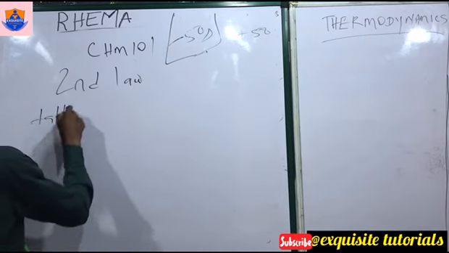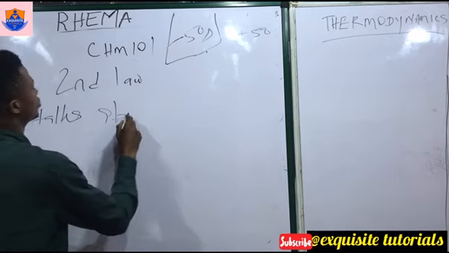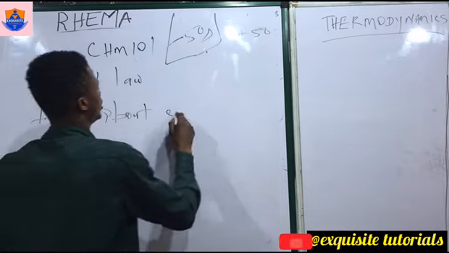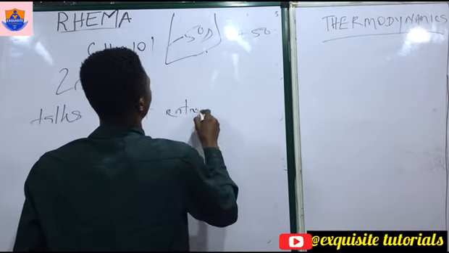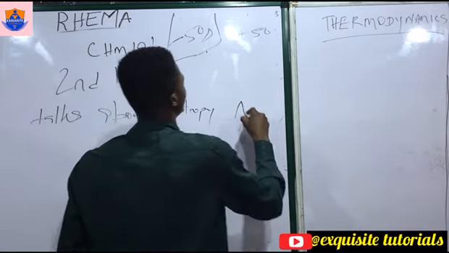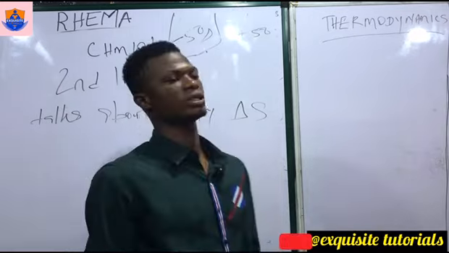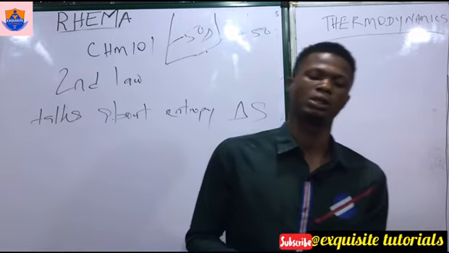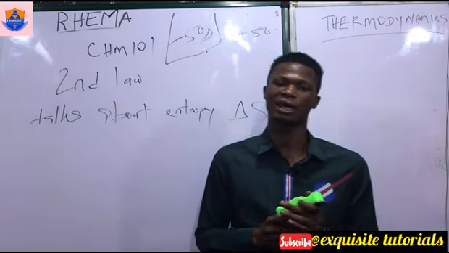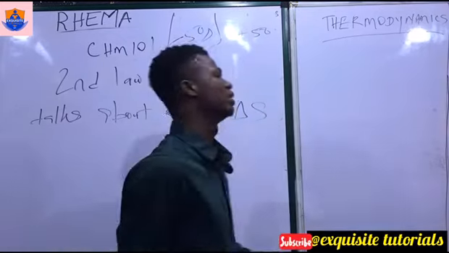The second law talks about entropy, and entropy is given as delta S. Now, what is entropy? Entropy is the level of disorderliness of a substance.